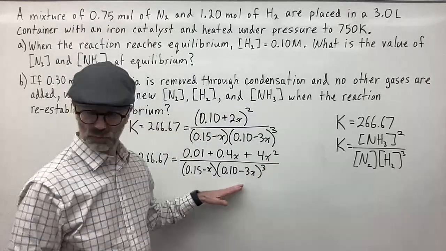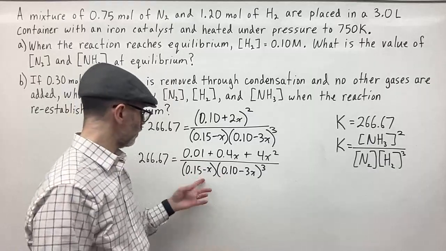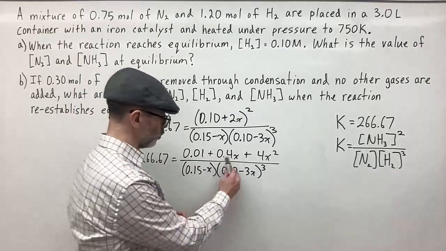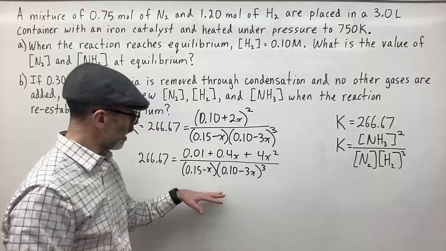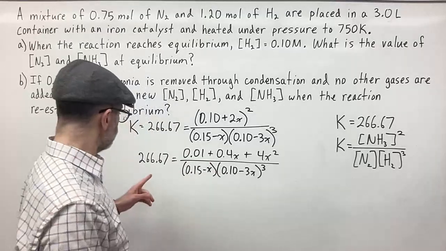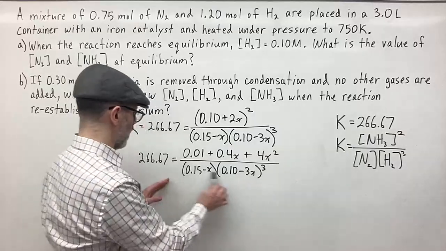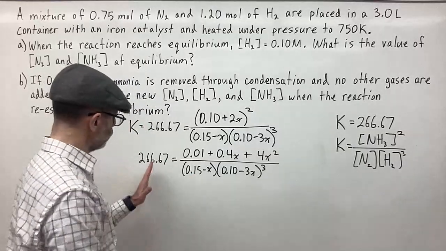So what you can do here is multiply these out, cube it, multiply that, and then divide, or you would multiply both sides by the bottom to get it over here, and multiply through there.